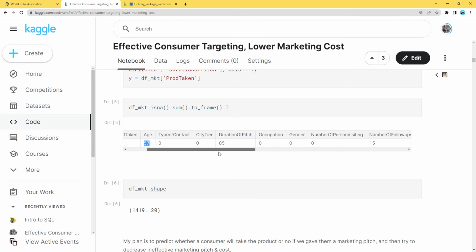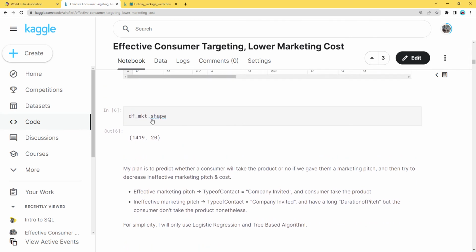This code calculates the null values, and we have 57 null values on age and duration of pitch. The nice thing is that the null values are mainly not categorical, so they are easy to impute.